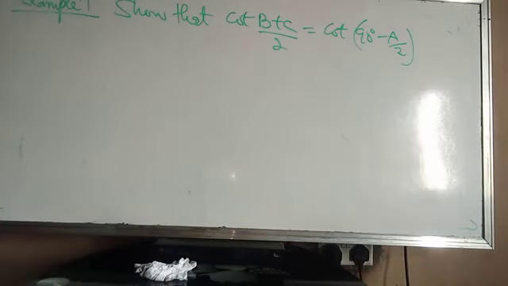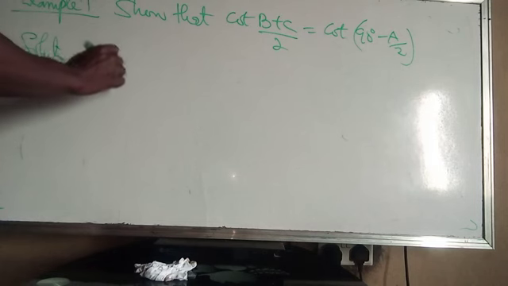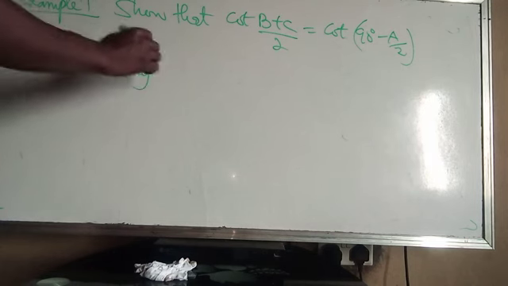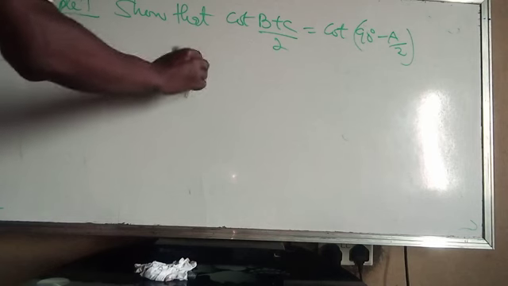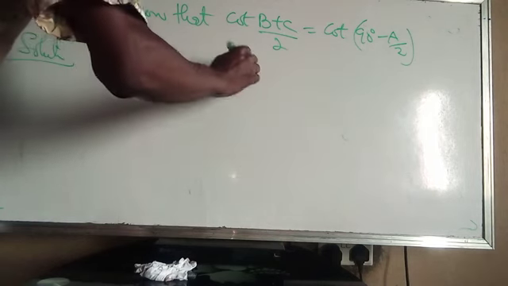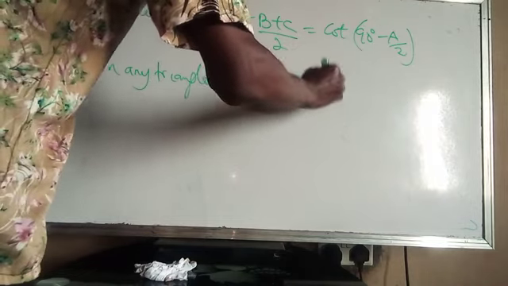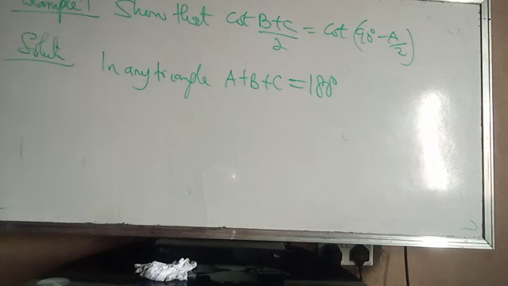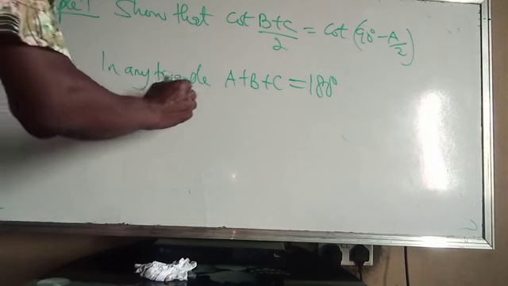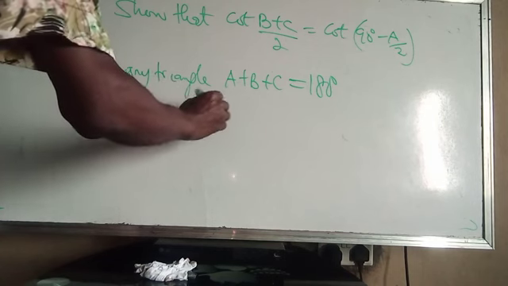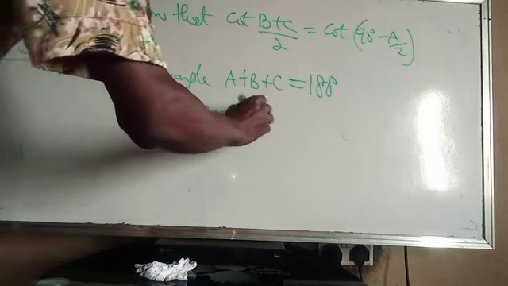Now, we don't have to waste time. We know that in any triangle, whether spherical or planar, A plus B plus C is equal to 180 degrees. The sum of angles in the triangle is 180. So if you divide through by 2, A plus B plus C all over 2 will be equal to 90 degrees.